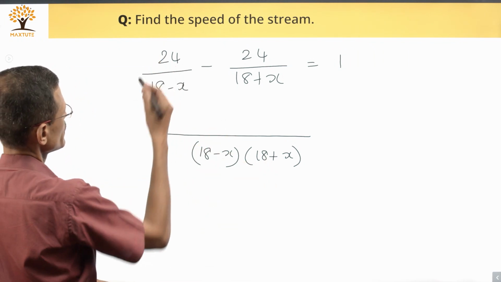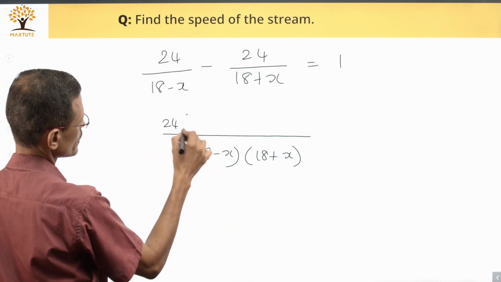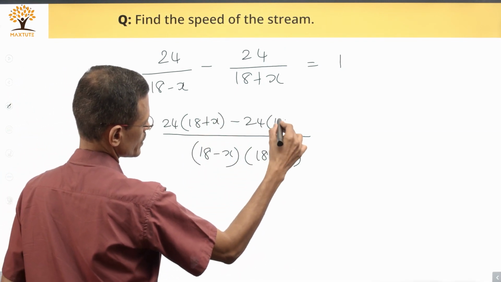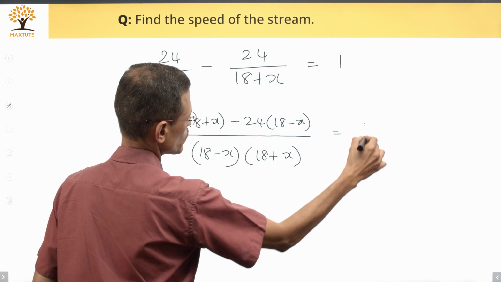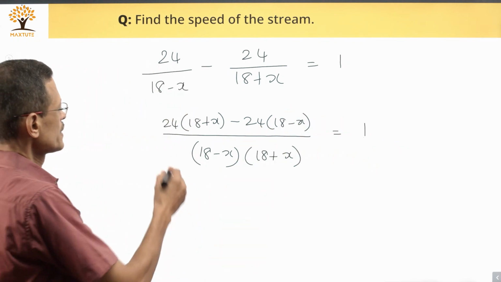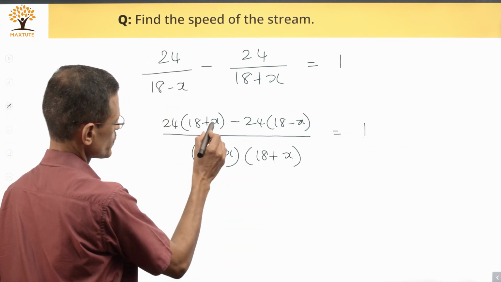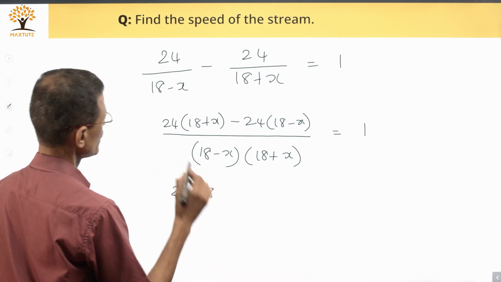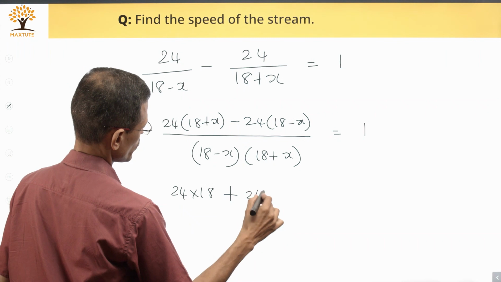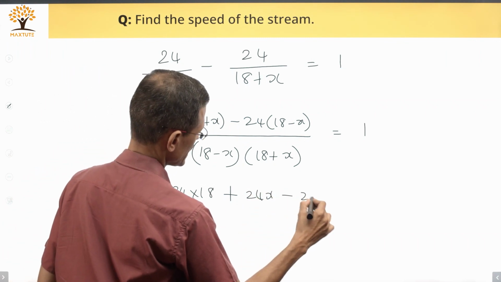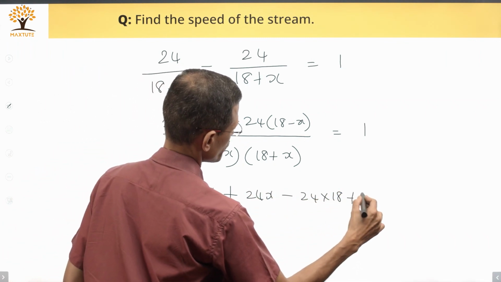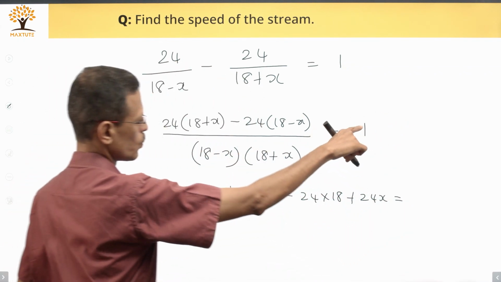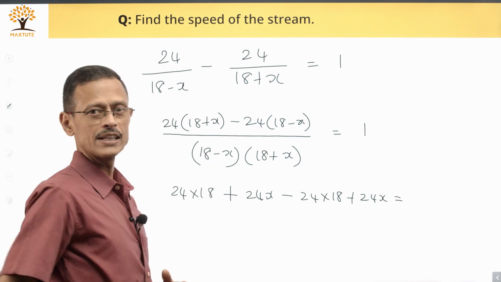The numerator on the left hand side would be 24 times 18 plus x minus 24 times 18 minus x is equal to 1. 24 into 18 plus 24x is what it will expand as. 24 into 18 plus 24x minus 24 into 18 plus 24x is equal to, we'll cross multiply the entire thing, 1 into 18 minus x into 18 plus x.